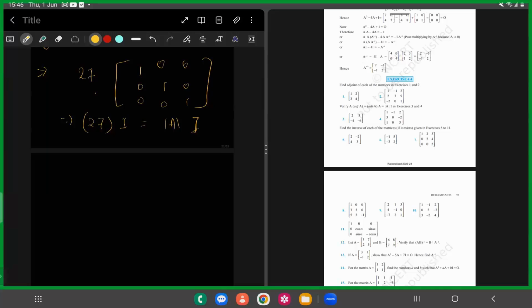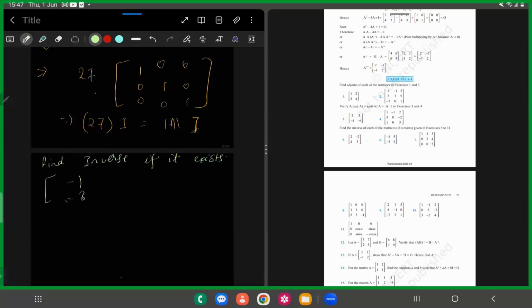Okay, and if we move to our further questions, let's say take question number 6. So this says that you have to find the inverse of the given matrix, and you have to find it only if the inverse exists.